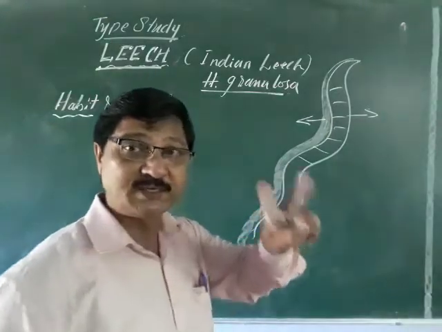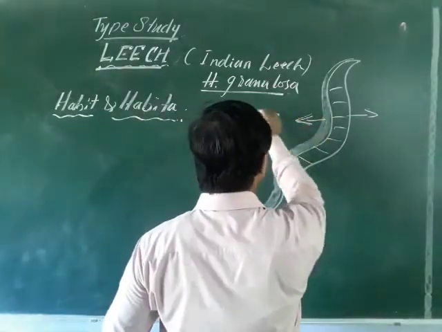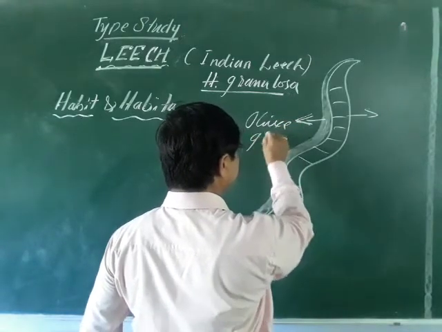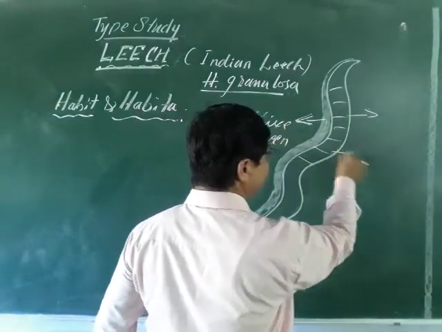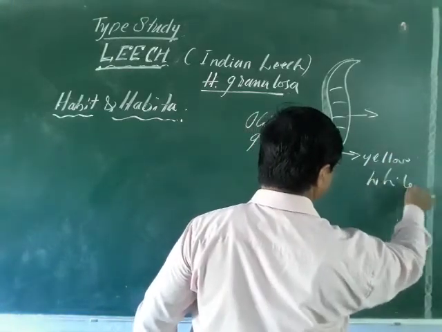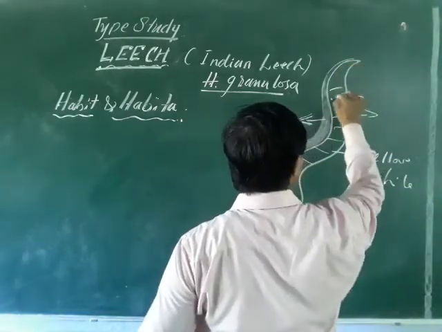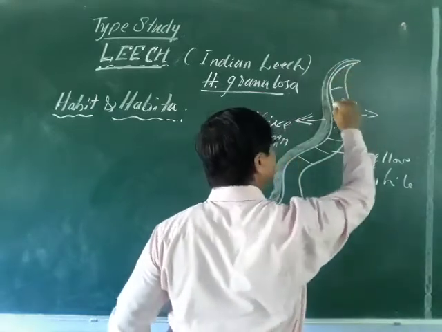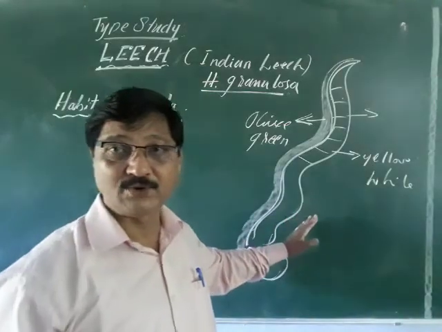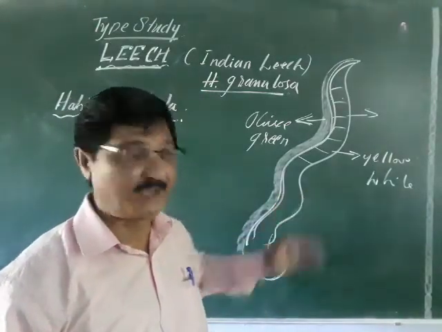And it shows two colors. One is the dorsal side, that is olive green, a little bit green color. And this is the yellow or white color, and having black strips on either lateral side. So you can say it is dorsoventrally flattened. It is bilateral.